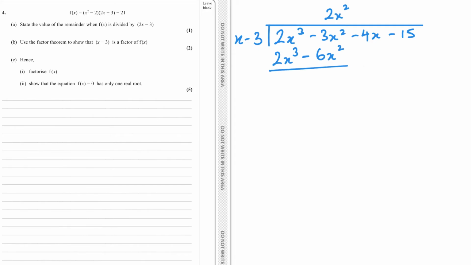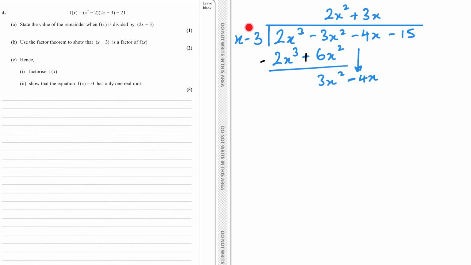And then what I normally would do here is you're basically taking away this, take away this. I actually like to change the signs and add them, but it's up to you. So we get 3x squared. And then let's bring down the minus 4x. Now again, we're taking the 3x squared and dividing it by x, and that will give me 3x.